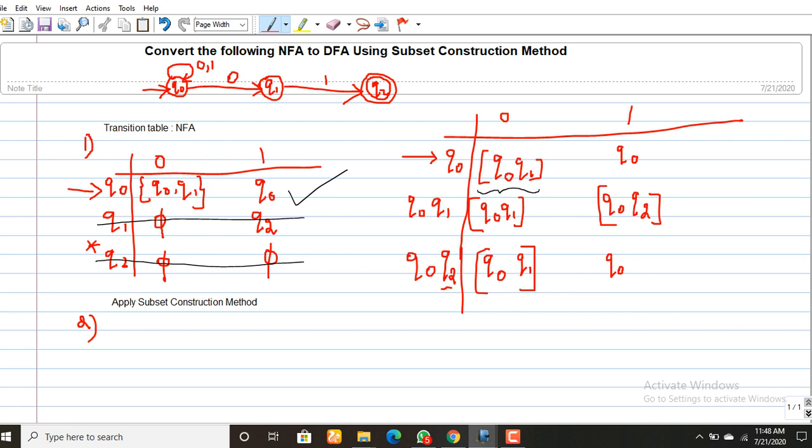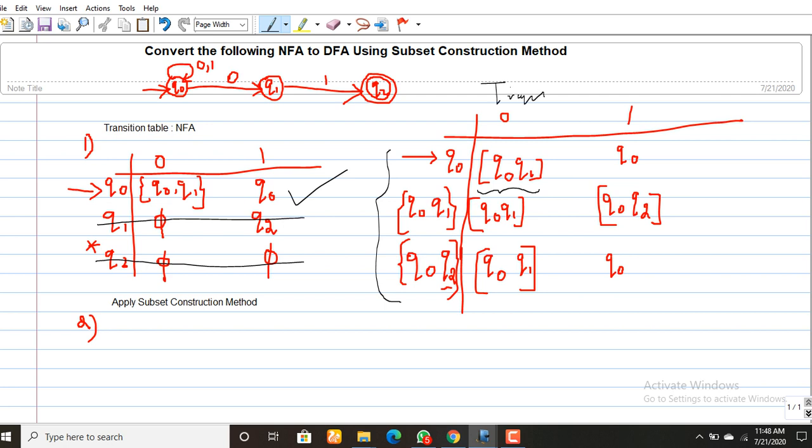So this is almost completed. There is no more new state. Q0, Q0 Q1 and Q0 Q2 are the only possible states in your DFA.